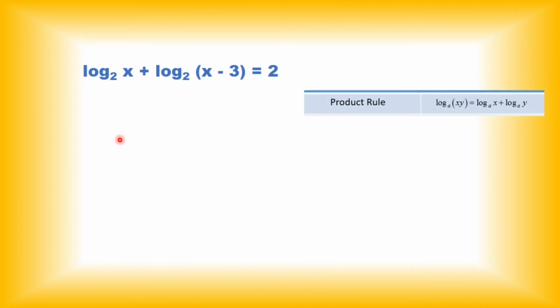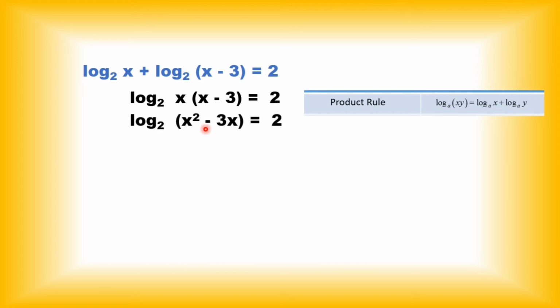It becomes log base 2 of x times the quantity x minus 3 equals 2. Then, multiply muna natin tong x to each term inside the parentheses. So, we have x times x is x squared. x times negative 3 is negative 3x.